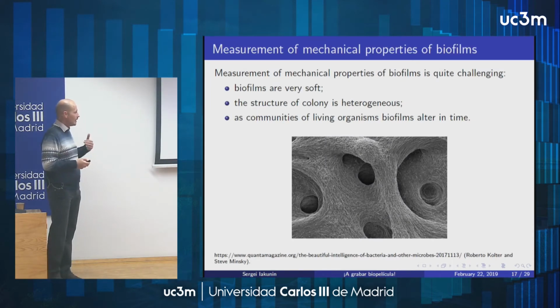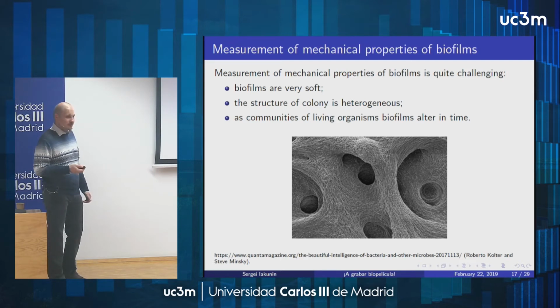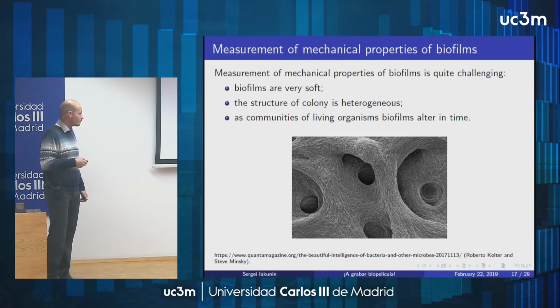Firstly, we can note that biofilms are very complex, and measurement of the stiffness and Young modulus of biofilms is quite challenging. Firstly, it happens because biofilm is quite soft. It's softer than most materials we use in industry. Secondly, it has a heterogeneous structure, as can be seen in this photo from an atomic force microscope for biofilm. Biofilm usually has a porous structure, and is actually a combination of bacterial cells embedded into a self-produced matrix.